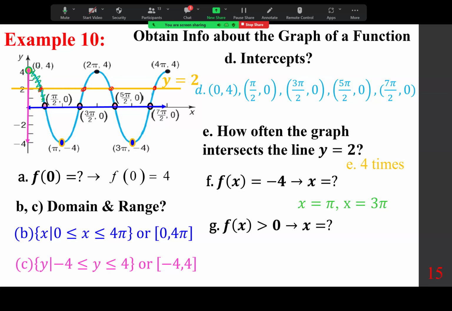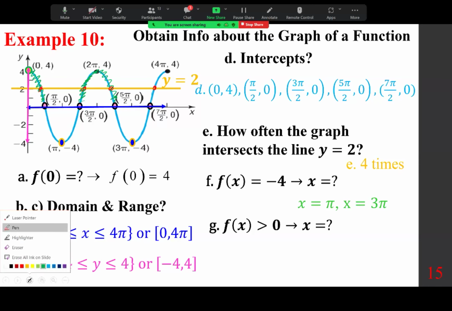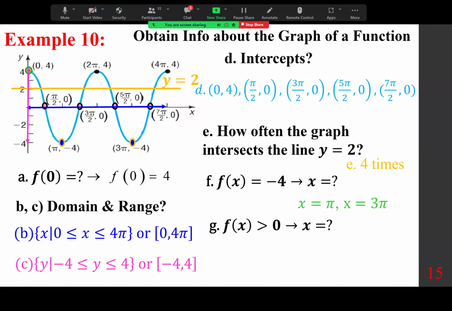So from 0 to pi over 2, but pi over 2 is not included. This portion of the graph, maybe if I make it red, it's easier to see. This portion of the graph is above the x-axis. This portion of the graph is above the x-axis. This portion of the graph is above the x-axis.